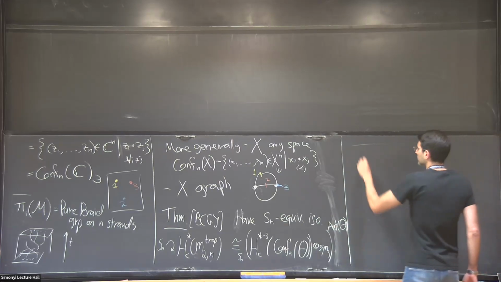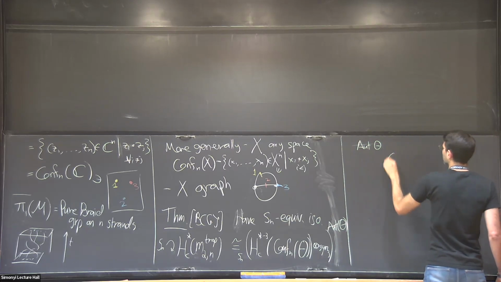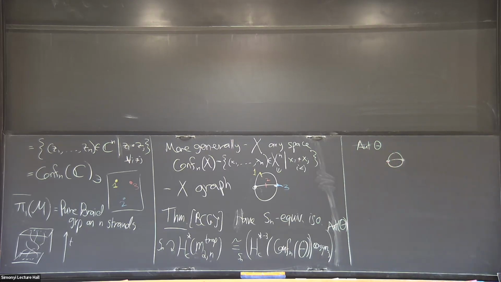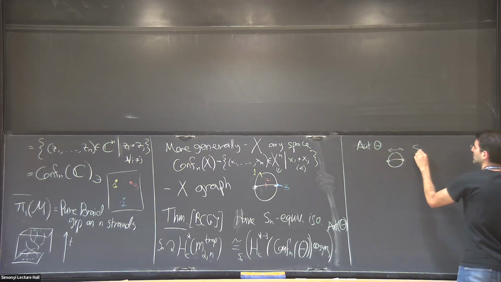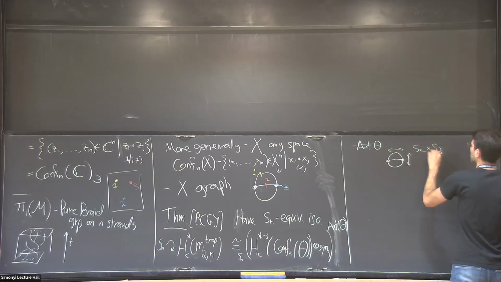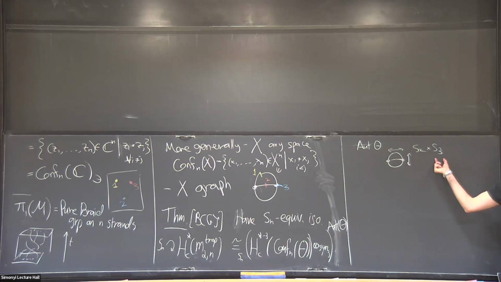And the automorphism group of the graph, so the graph has 2 vertices and 3 edges, so you can swap the 2 vertices, and that would give you an S_2 action, or you can permute the 3 edges. That would give you an S_3 action. And this sign here, the sign 3, is really the sign representation of the permutation on the edges.